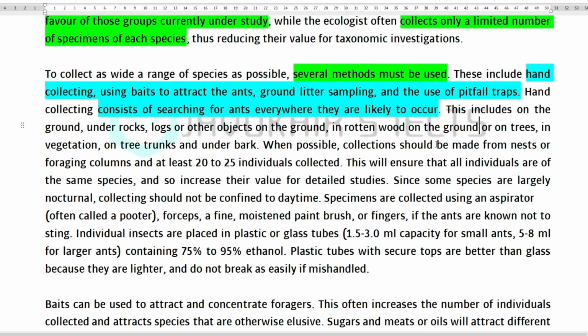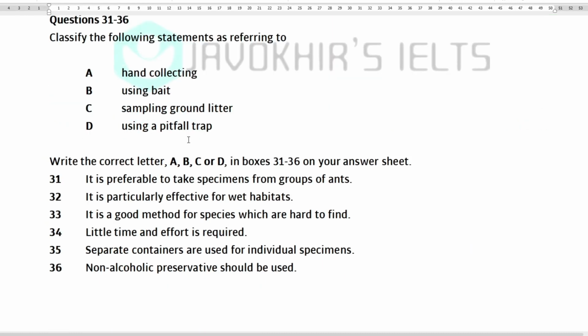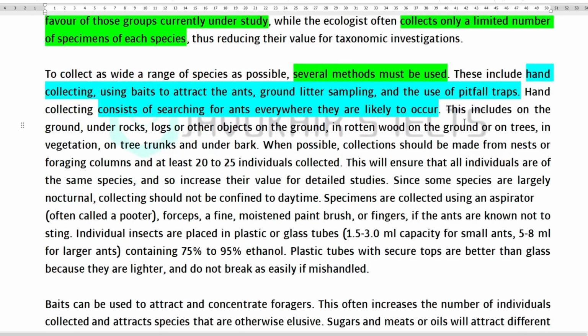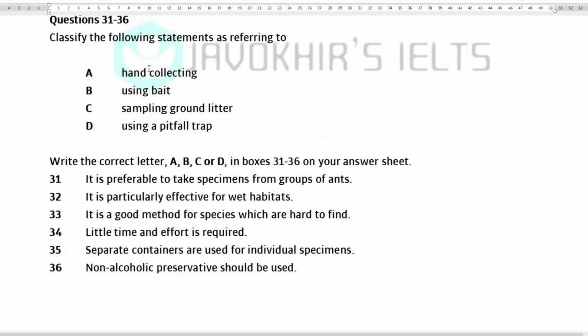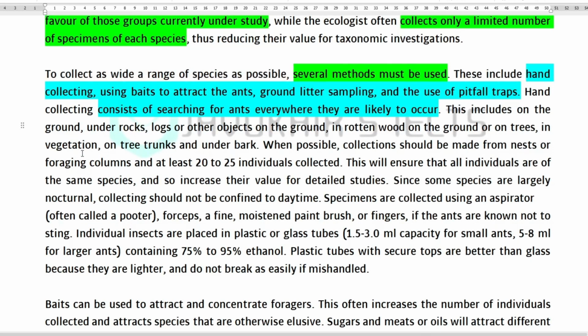So what do we have? It is preferable to take specimens from groups of ants. This includes on the ground, under rocks, logs, or other objects on the ground, in rotten wood, or on trees, in vegetation, on tree trunks, and under bark.